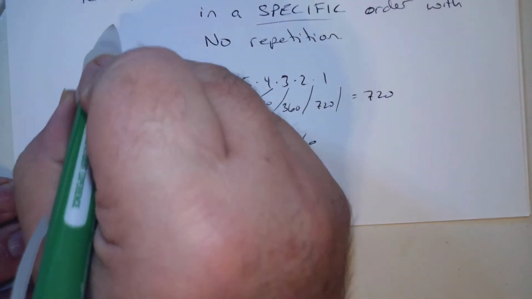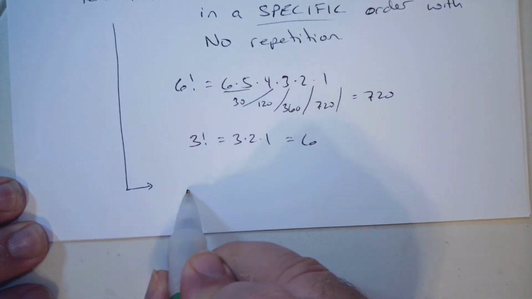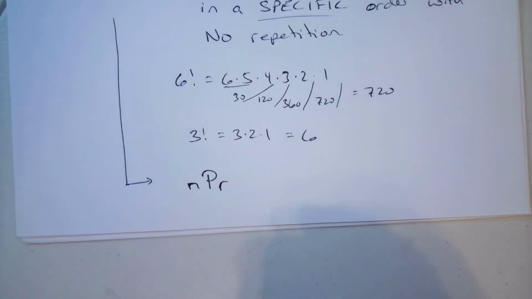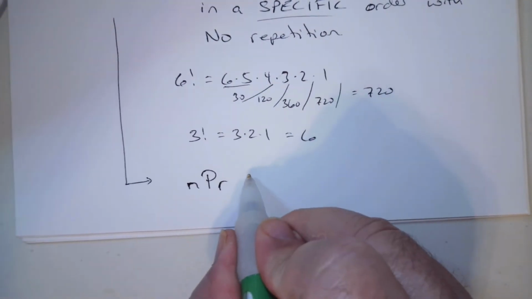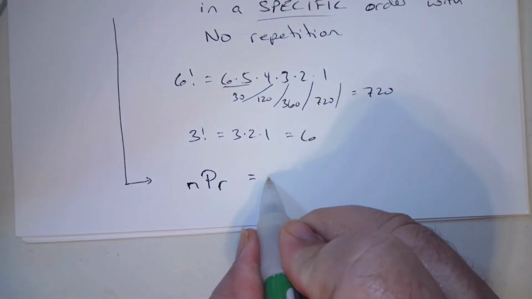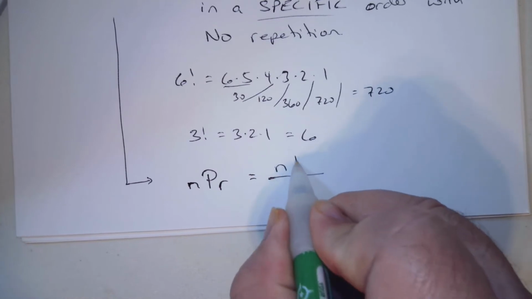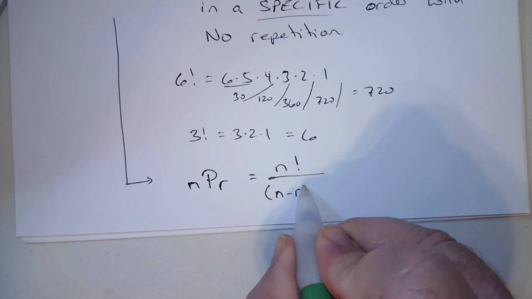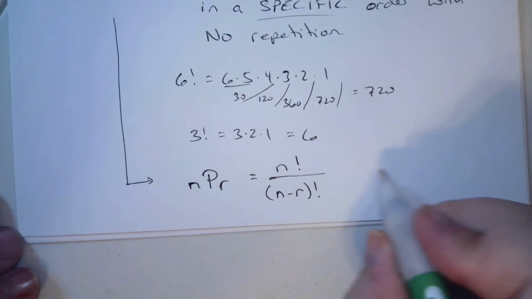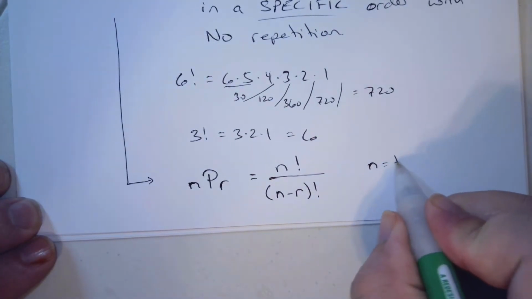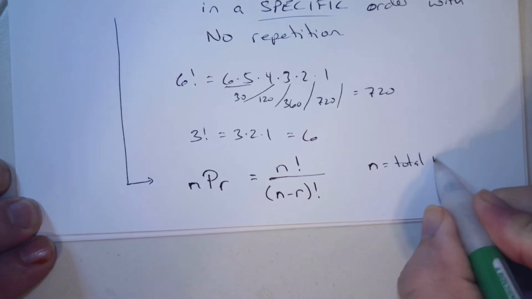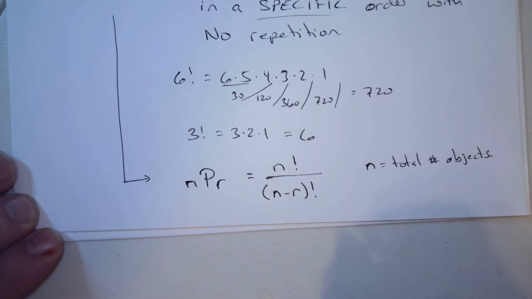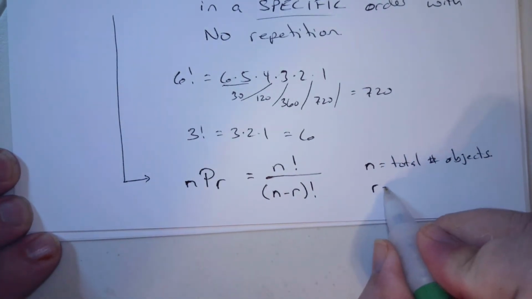So our formula, the permutation formula, nPr: the numerator is n factorial, the denominator is n minus r factorial. N is the total number of objects you have.